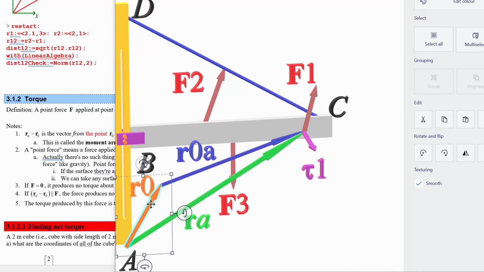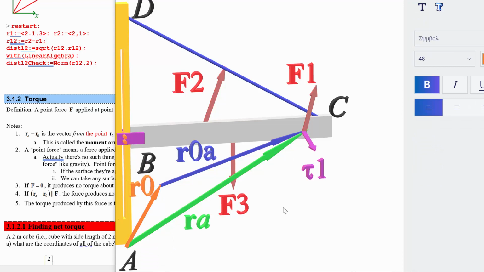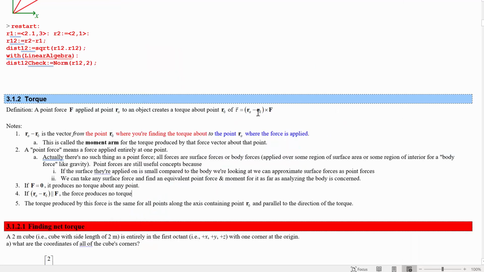So imagine we're finding it not about this point, but we want to find the torque that it produces about, let's say, this point. Now this has a moment arm that would then be parallel with that force. So the cross product would involve taking the sine of 0 degrees, and sine of 0 is 0. With no angle between the two vectors, then you get a cross product of 0.